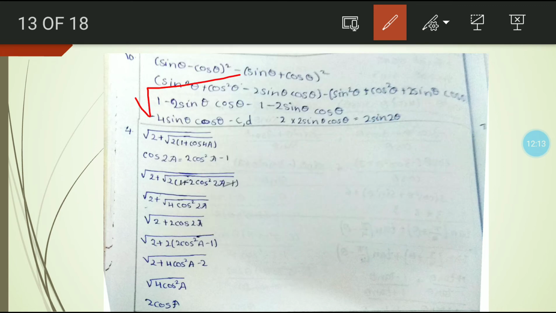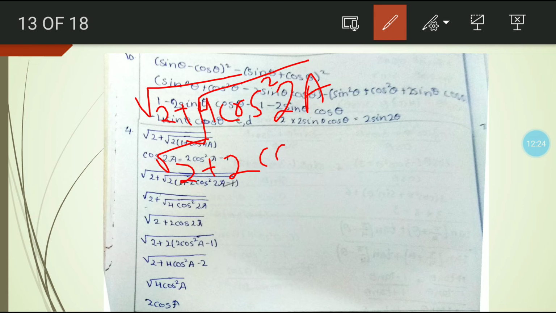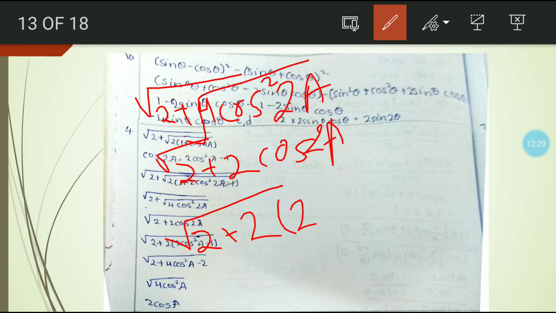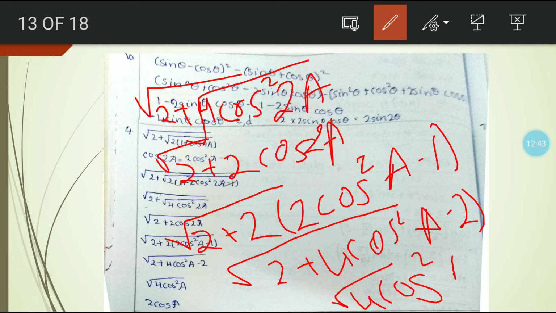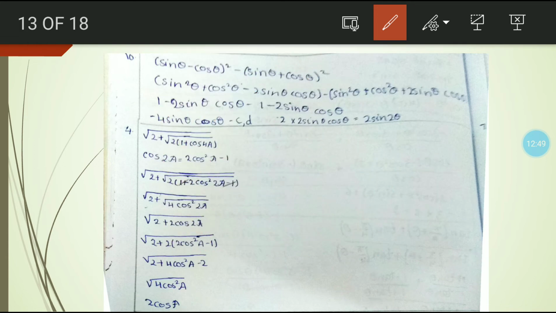After that 2 plus 4 cos square 2a, then it will be 2 plus 2 cos 2a, then again here it will be 2 plus 2 cos square a minus 1, again it will be 2 plus 4 cos a minus 2, here it will be 4 cos square a. Then the answer is this. Now the option for fourth question is C.